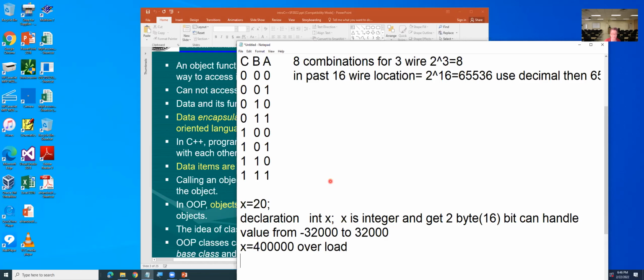In this case, you make a declaration of long integer. Then you'll be okay. That means now they can give you a big room so you can store the data.